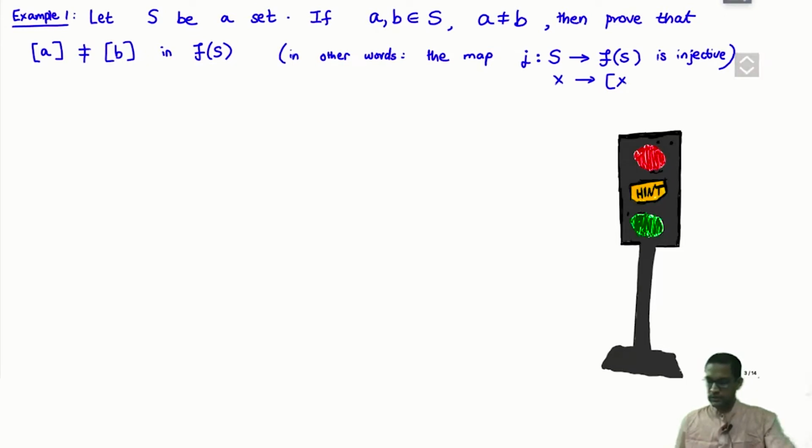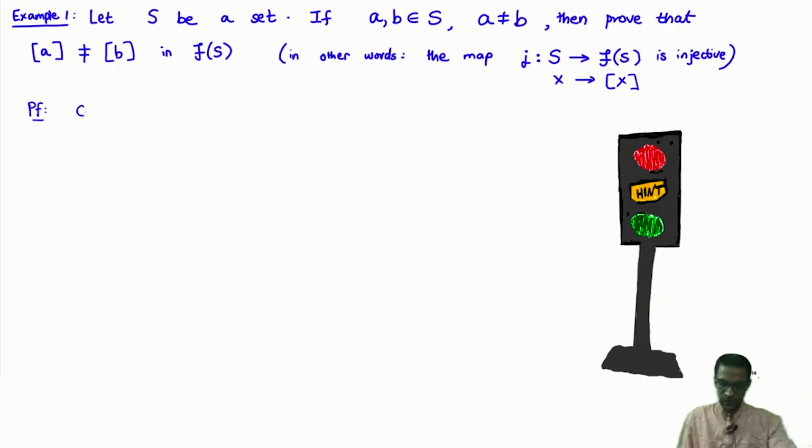Now, for those who want a little bit more of a hint to try this problem, here's the very first thing. Observe, what is it that we really want to prove? Let's proceed by contradiction here.